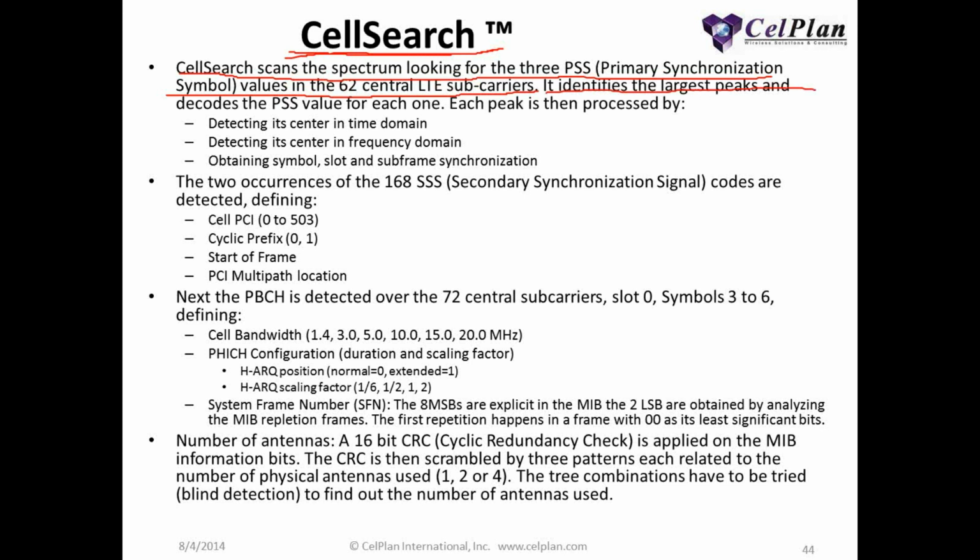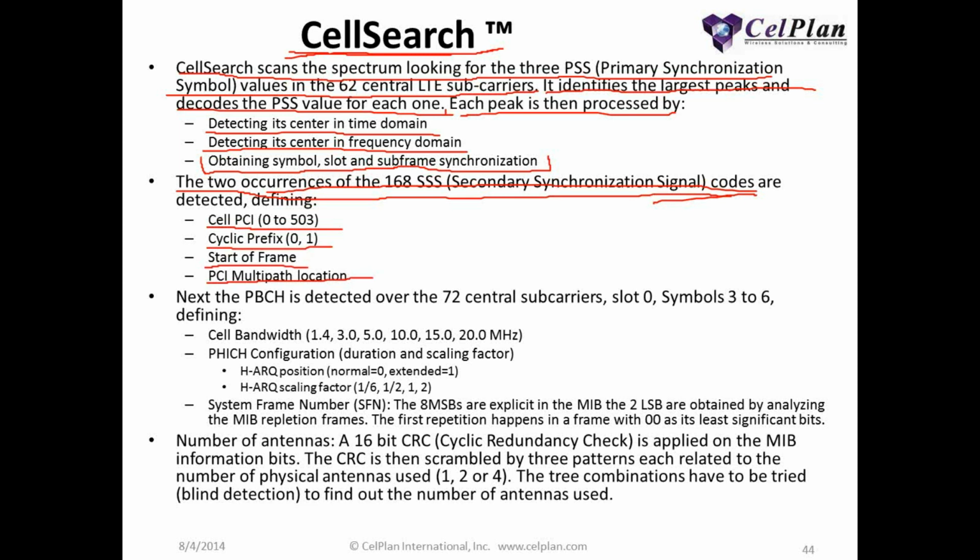When we decode the SSS successfully, and there are really 2 SSSs spaced by a certain distance, we can detect the cell PCI and the cyclic prefix, normal or extended. We can figure out the start of the frame, and we can also find the PCI multipaths.